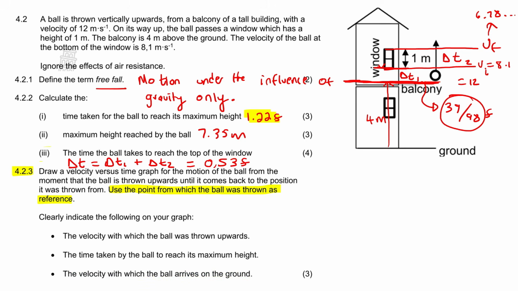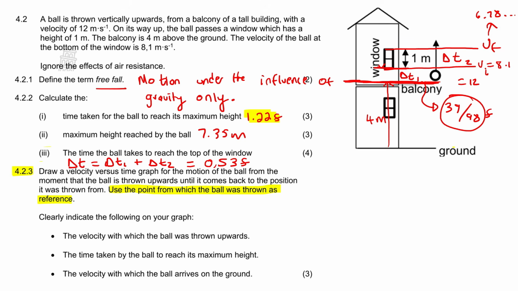See, I don't agree with this question either. They tell us that they want us to draw a velocity time graph from the moment we throw it until it comes back to the original position. So that means it's not going to go down to the ground, but yet they want us to show the velocity on the ground. It's a bit weird.